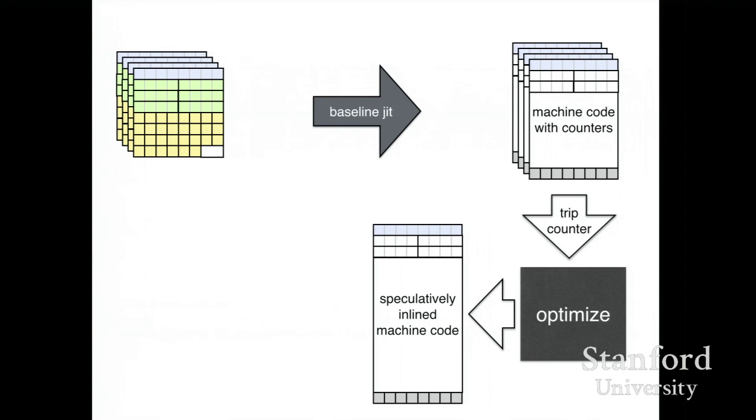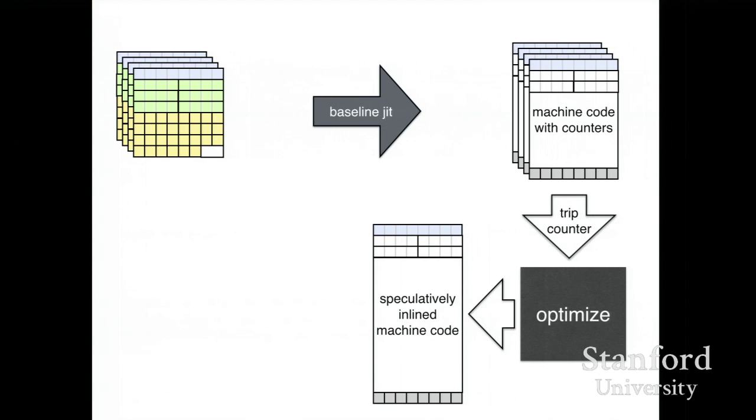So what happens is that when a counter trips, there's some kind of pause, and we invoke an optimizer. In this diagram, I'm drawing the optimizer as a black box, because it's typically in the VM, with the rest of the runtime, part of that lower level, implemented in C++, and I can't see it from the top.